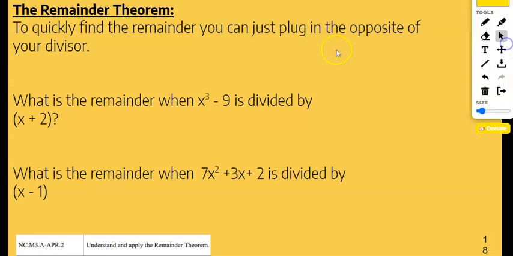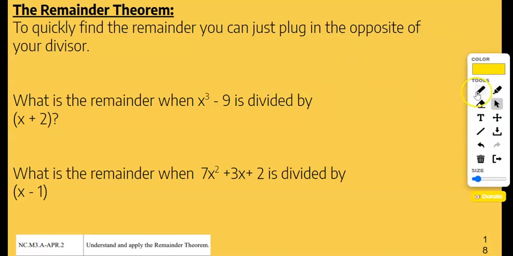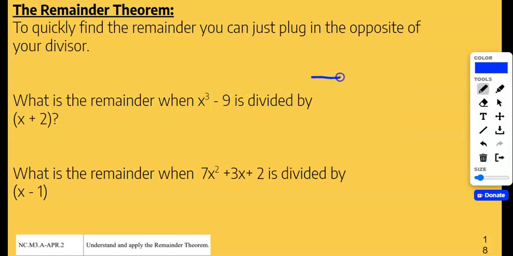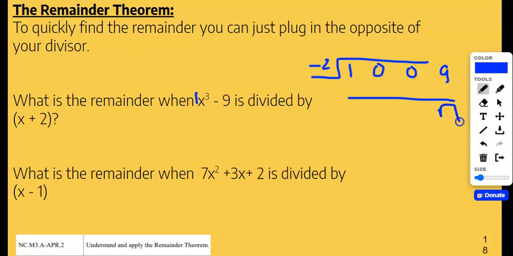Just to do another one or two, because you'll have some on Delta that you'll definitely use for practice. What's the remainder when x to the 3rd minus 9 is divided by x plus 2? If I was going to do synthetic, it would be a 1 for this. There's no x to the 2nd, no x to the 1st, a -9, and -2 in the box. Whatever I get right there, that's the remainder.